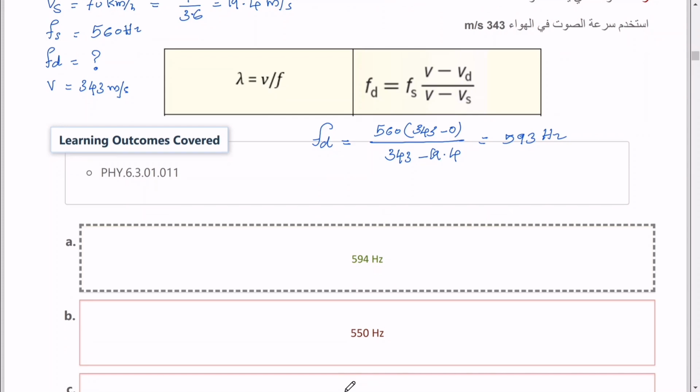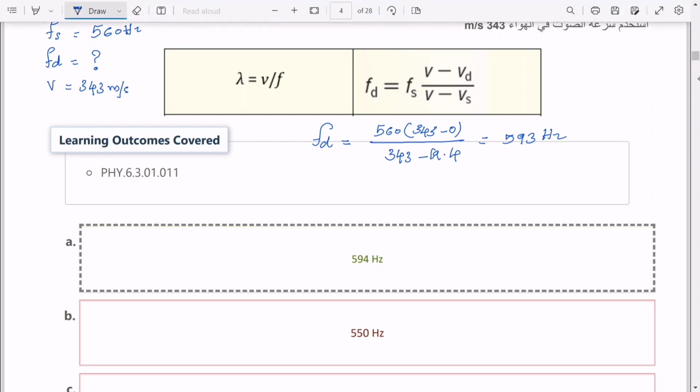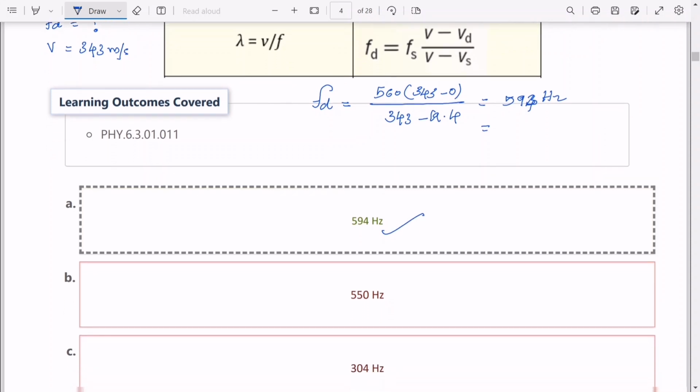Yes, 593.57. That is the calculated value. So 594, okay, because 593.57. So this is our answer to the question.